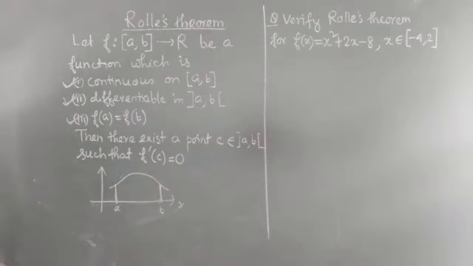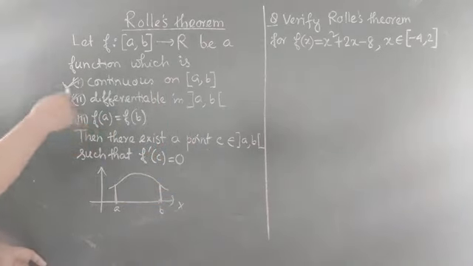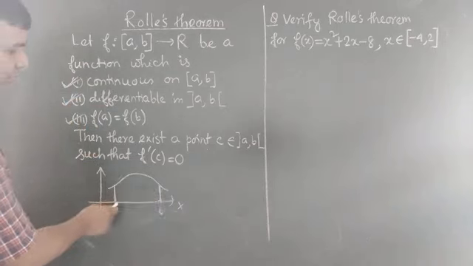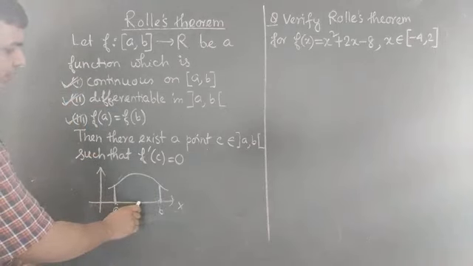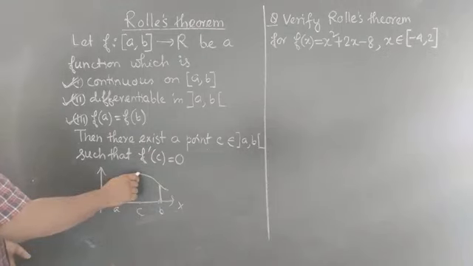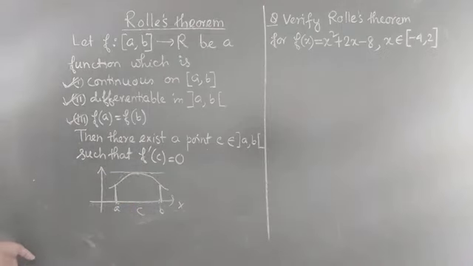Then according to Rolle's theorem, there exists a point c in the open interval a comma b. Where to take c? c in between a and b. So there must exist a point c. Suppose this is the point c, and if we draw a tangent at this point, that tangent will be parallel to the x-axis.